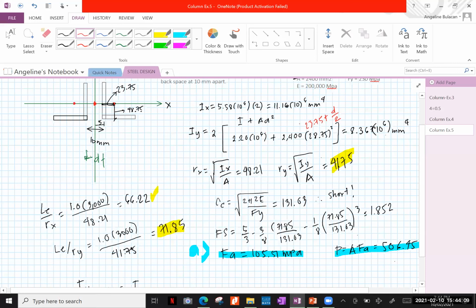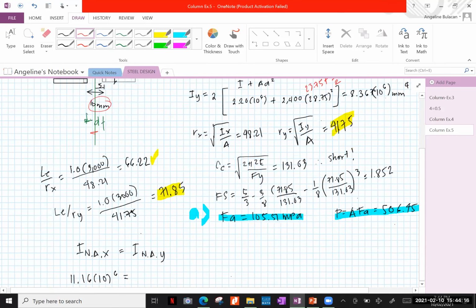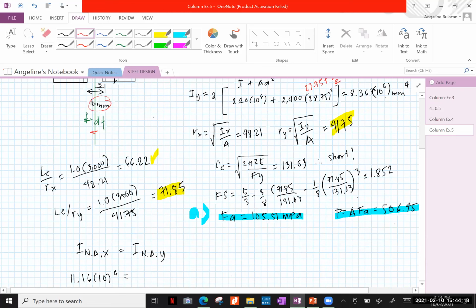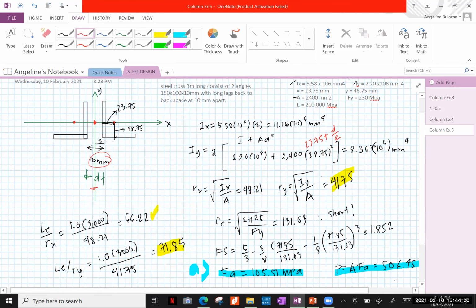Kukunin natin yung d, para mahanap natin yung distance wherein equal yung moment of inertia ng x and y axis.